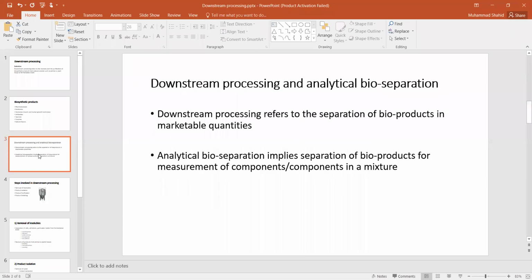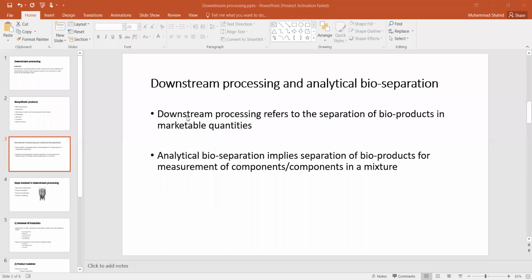And then there are two terms that should be differentiated: number one, downstream processing, and the second, analytical bioseparation. So what is the difference between downstream processing and analytical bioseparation? There is a very minute difference.